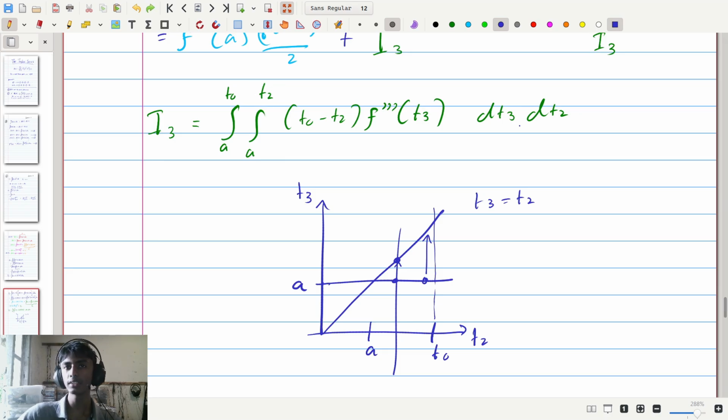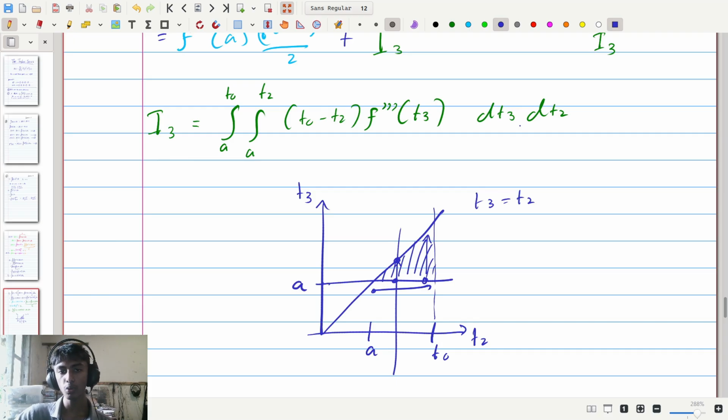So then once again the input space that we need to somehow cover here is this stuff here. For each of these inputs we need to evaluate t0 minus t2 times f triple prime of t3 and sum all of those values together. Currently, to iterate over this input space we change t2 from a up to t0 and then change t3 from a up to the current value of t2.